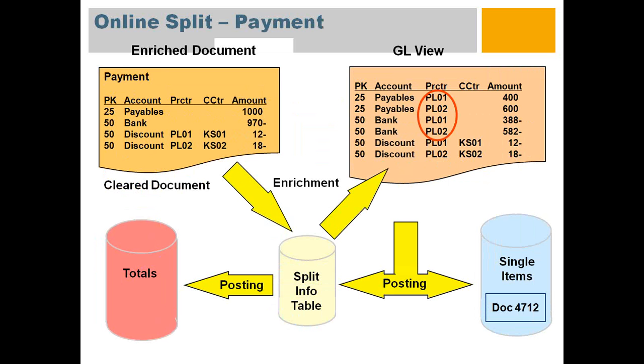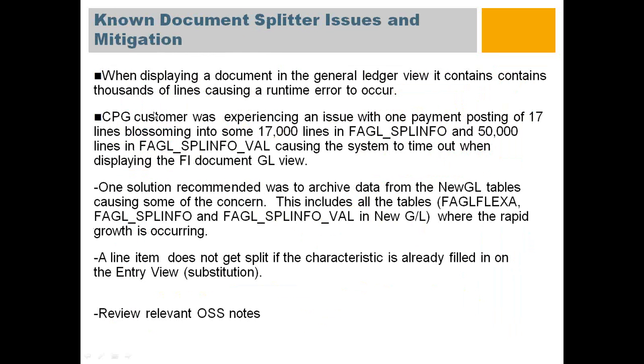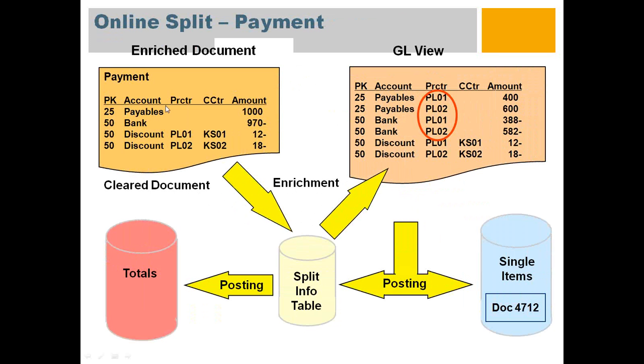Same thing here. You have one payable line item and you already paid that item, and then the cash clearing account has been booked for $970, and then the vendor has given you two discounts, a discount of $12 and $18.